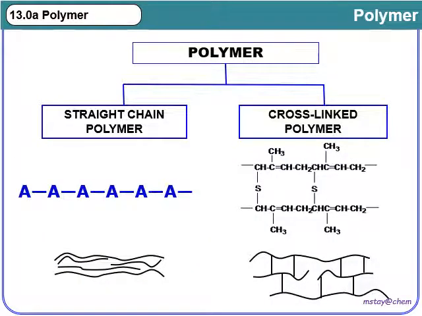Otherwise, we can also classify polymers based on their structure. For example, we have straight chain polymer and cross-link polymer. For cross-link polymer, normally they will add something like sulfur in tires, which makes it stronger.